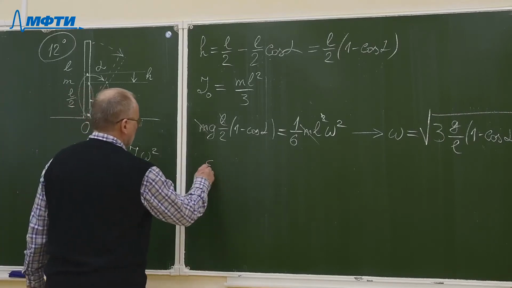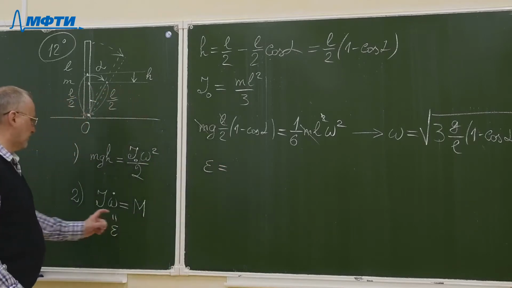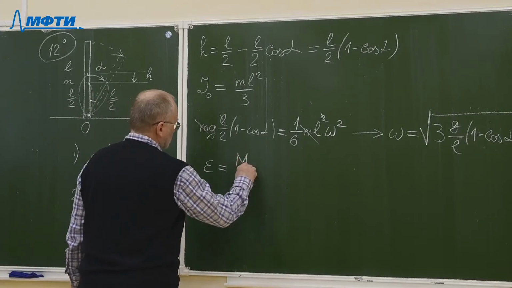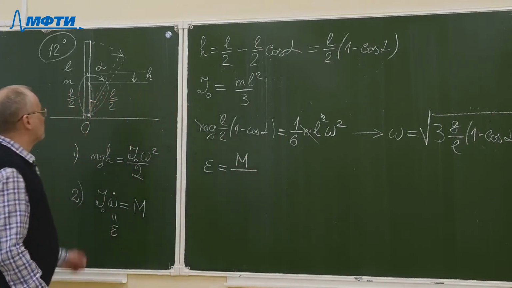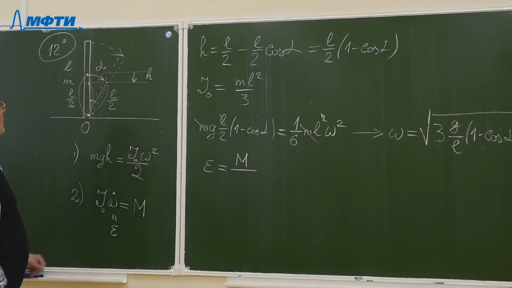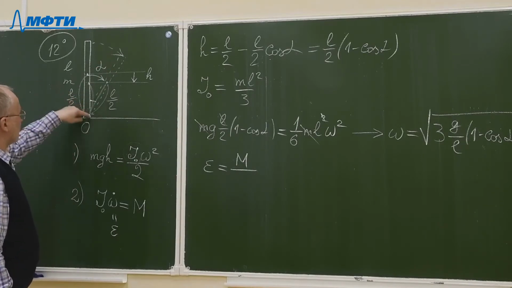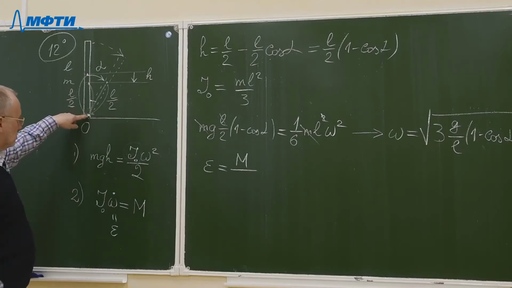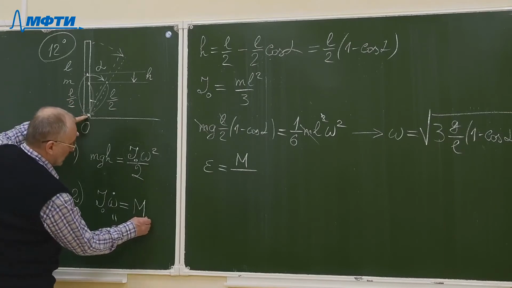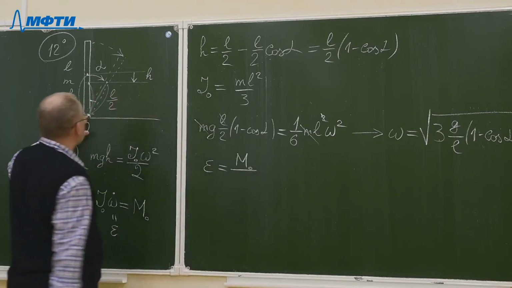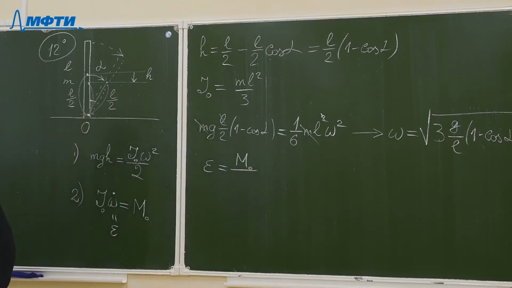So immediately we obtain from this equation that the angular acceleration is the torque of forces acting on this rod with respect to the axis of rotation O. So we can say that this is the torque of forces about the axis of rotation.